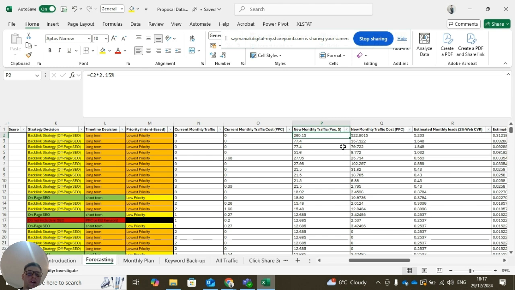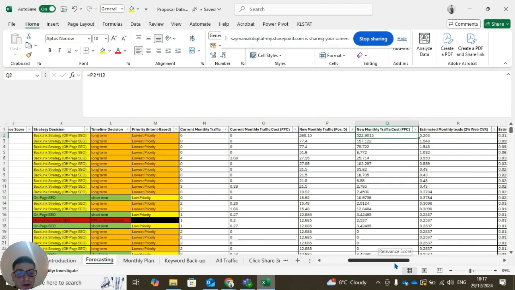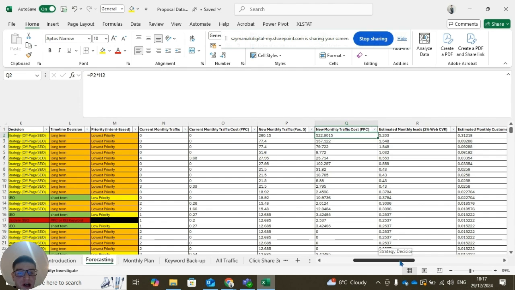And now this is the key part in demonstrating to the board of directors the value of SEO. If you were to leave SEO out, or if SEO was not your priority in terms of marketing channel considerations, this is how much this monthly organic search traffic would cost via Google Ads. And how is this calculated?